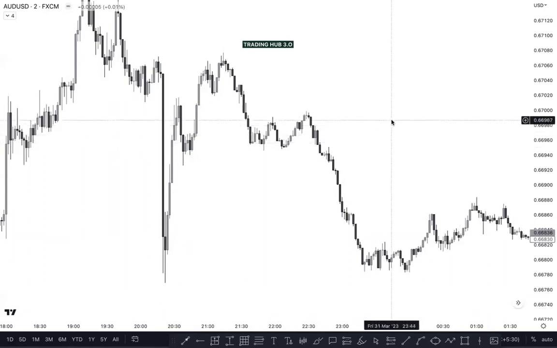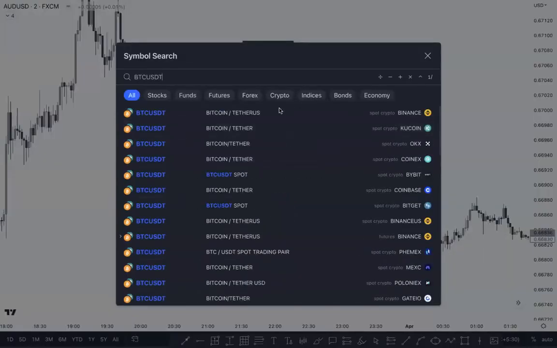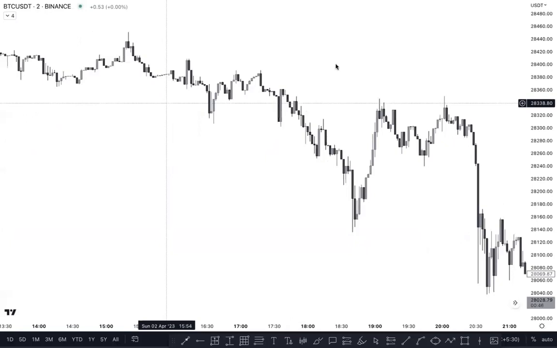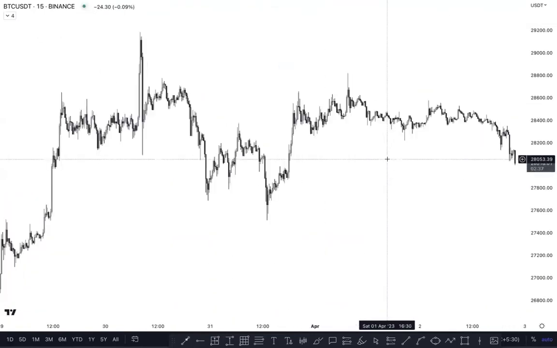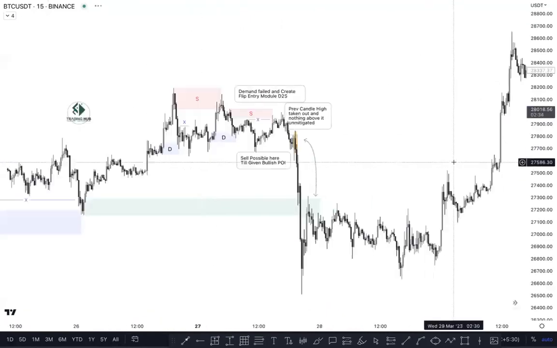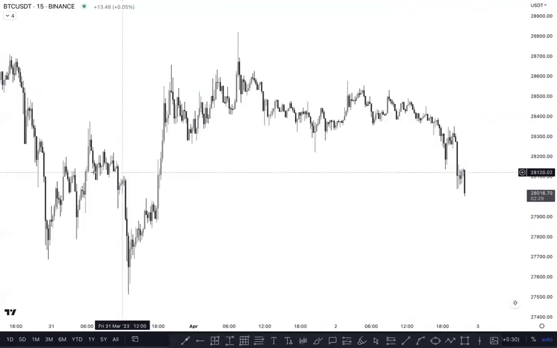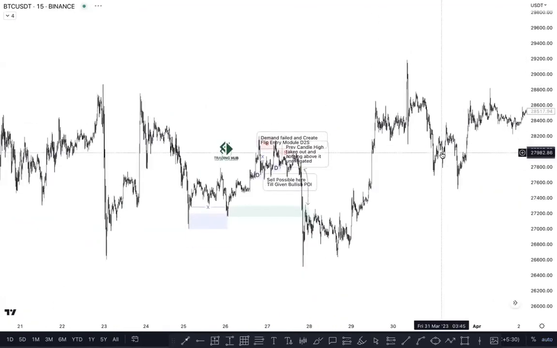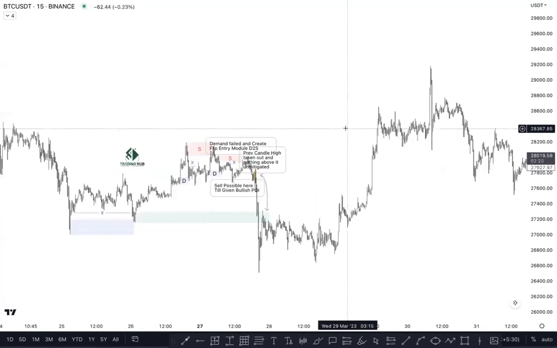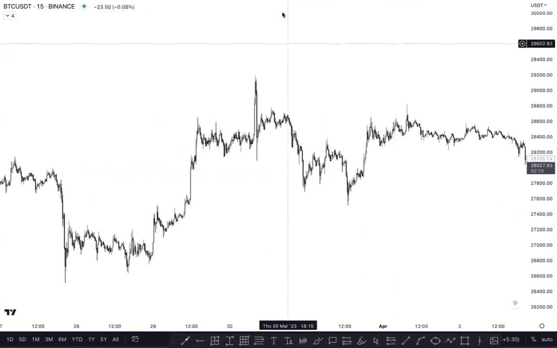Okay, let's start with Bitcoin, BTC USDT. First of all, starting from the higher time frame perspective, let's see what is happening here. And this was a previous analysis. Which part do you want to backtest, everyone?